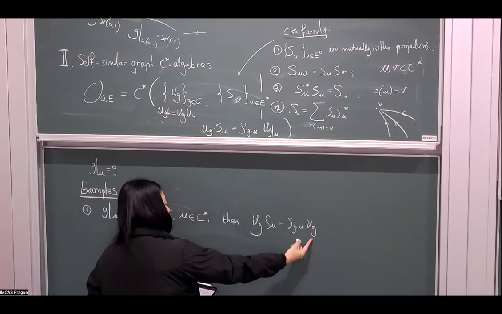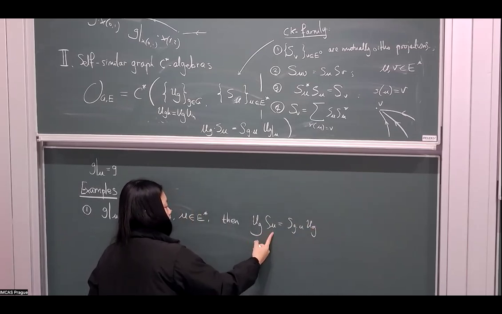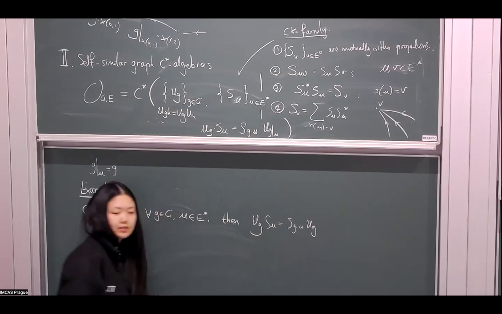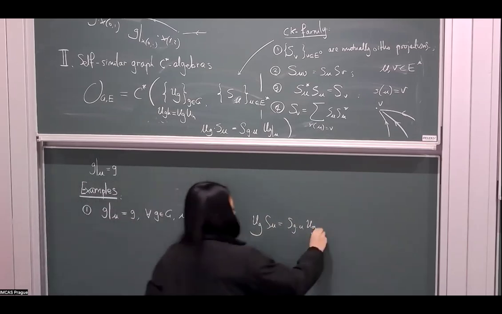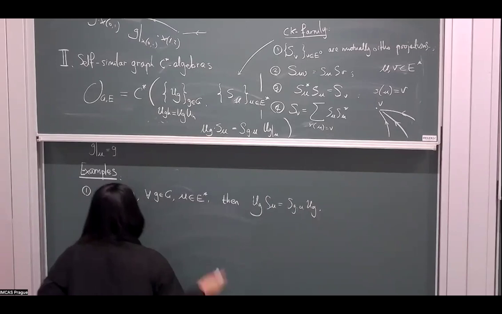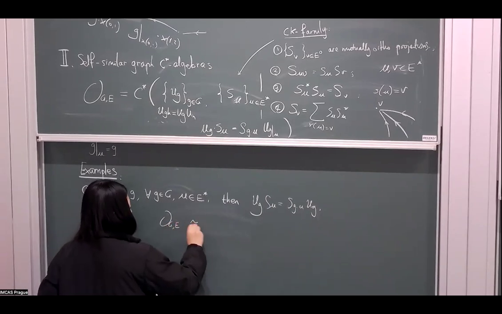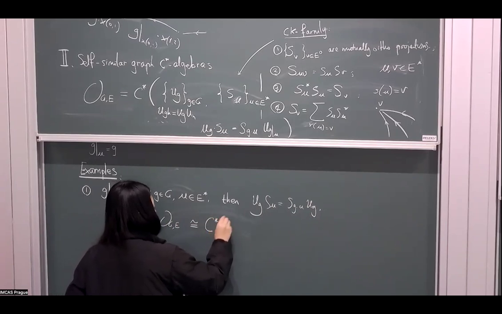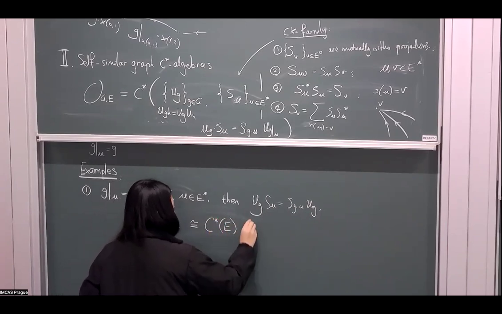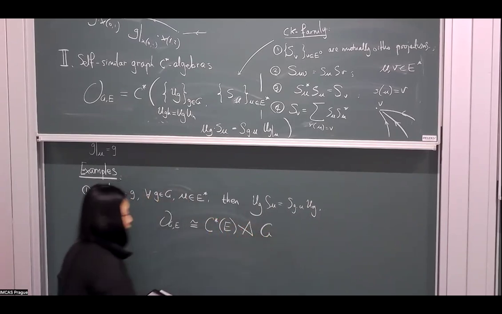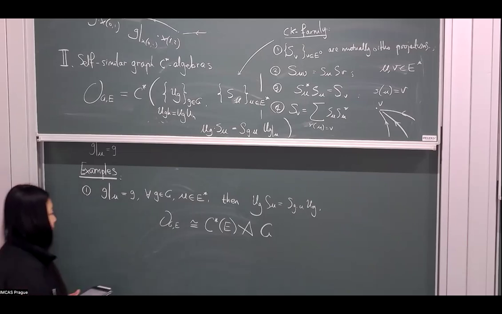So if you move your U_g to this side, you'll get U_g S_mu U_g star is equal to S_{g.mu}. So really, the self-similar graph C-star algebra you get is just the graph C-star algebra with this action by G.